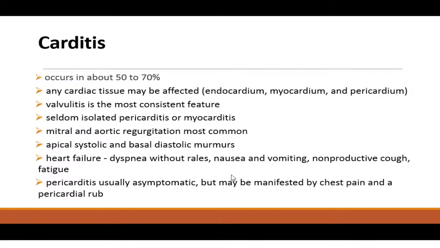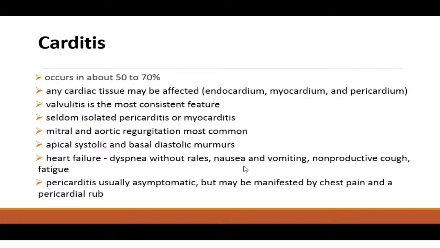More often valvulitis takes place. Sometimes there can be isolated pericarditis or myocarditis. More often mitral and aortic regurgitation take place, in which we may see apical systolic and basal diastolic murmurs as a result of valvulitis and affection of the mitral and aortic valves.